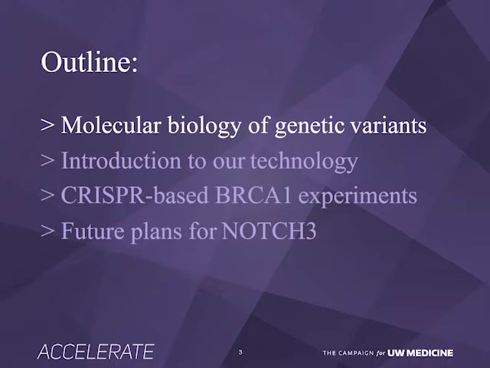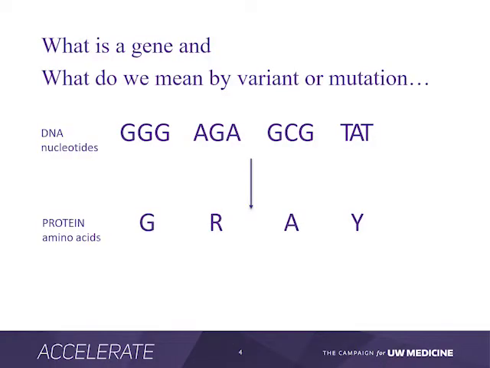I want to make sure we're all on the same page so the rest of the talk makes sense. Adam told you that your genome is DNA nucleotides, and each three of those encode one amino acid. In this case, this sequence of nucleotides spells out, in amino acids, GRAY: glycine, arginine, alanine, tyrosine.